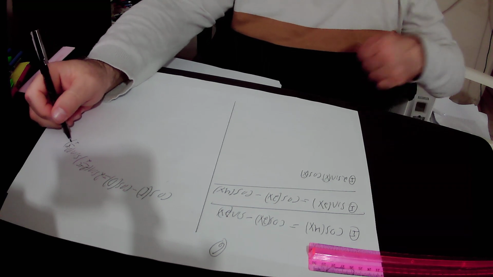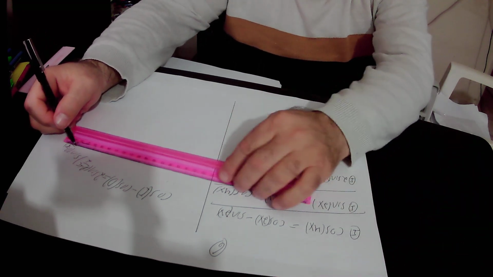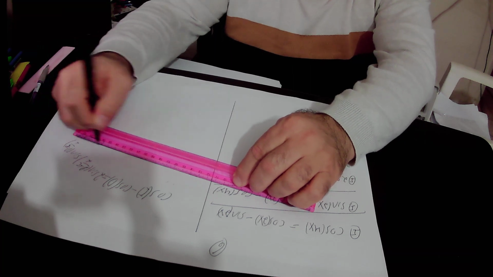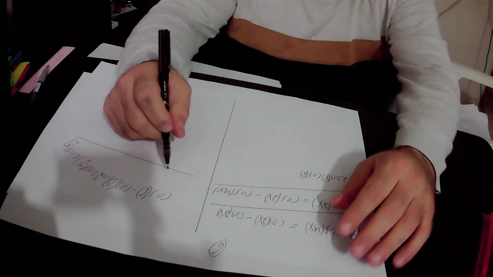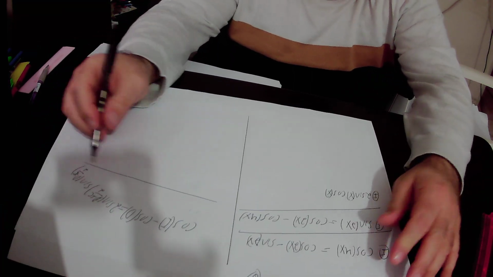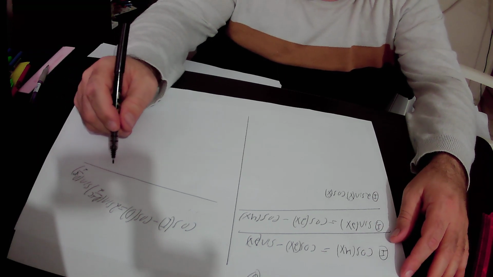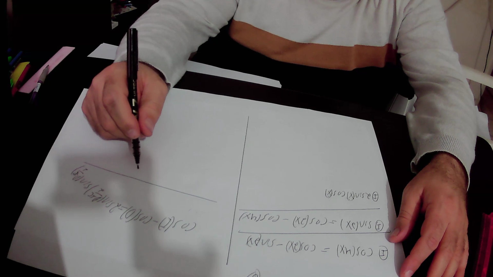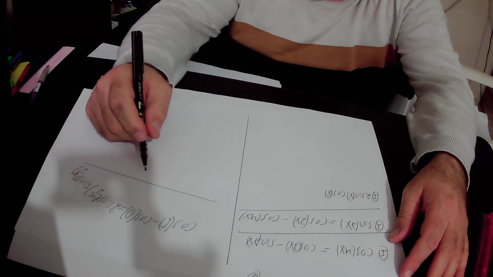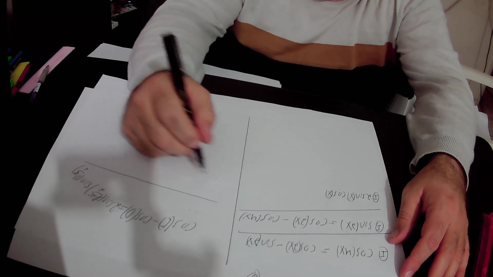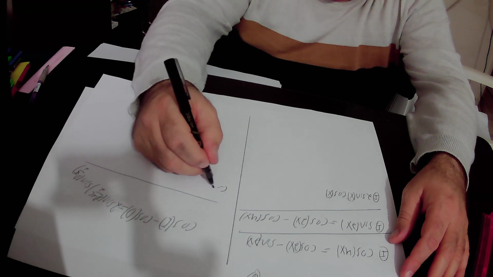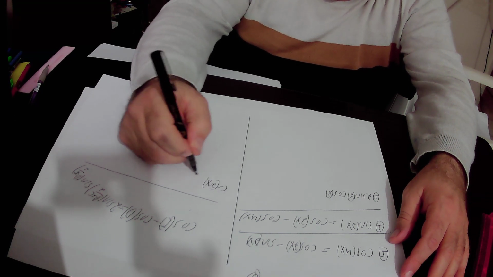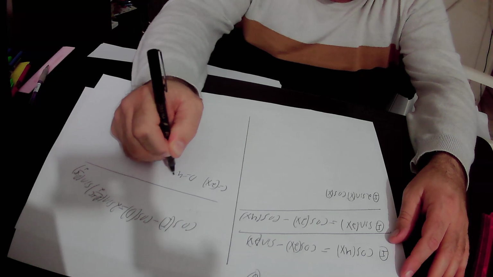Okay, we will find the value of cosine 2x minus cosine 4x according to this trigonometric identity. So, in our specific expression, cosine 2x minus cosine 4x, C equals 2x and D equals 4x.